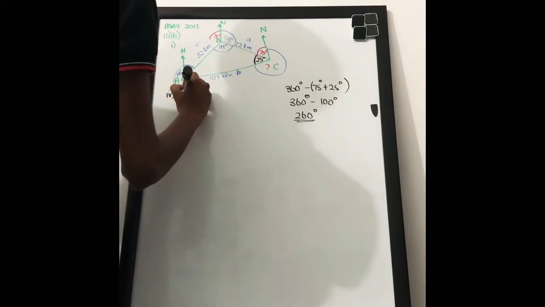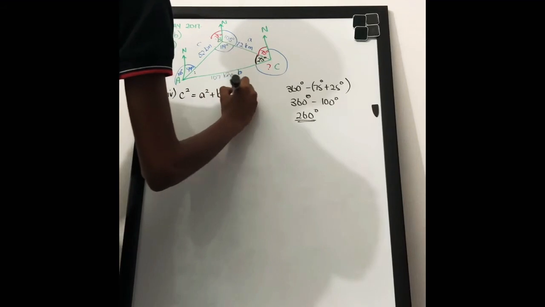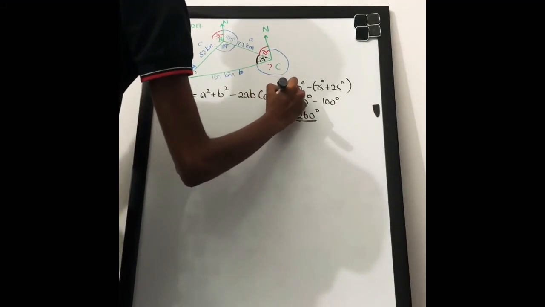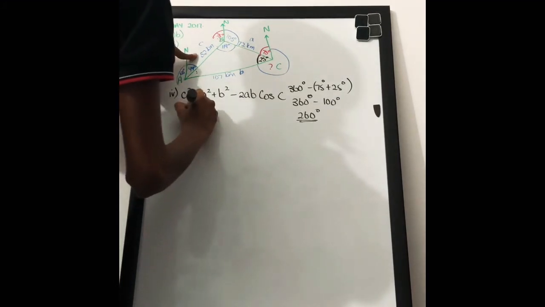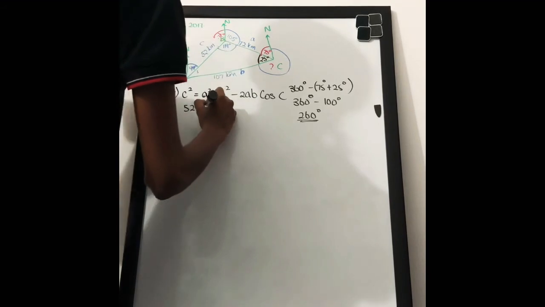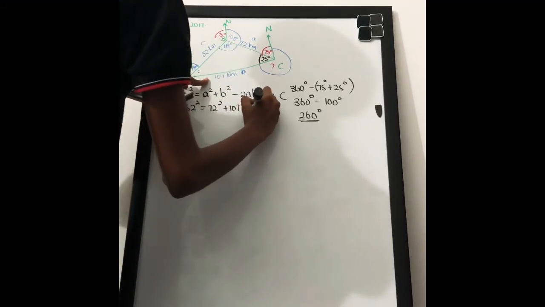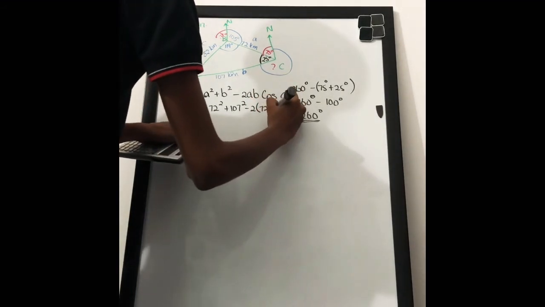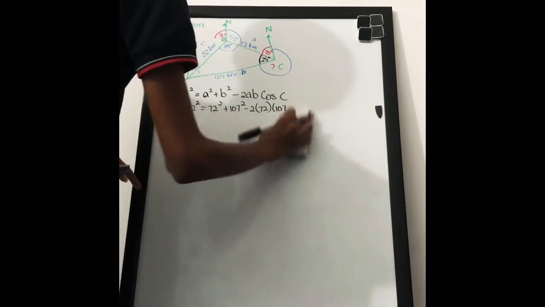We have C squared is equal to A squared plus B squared minus 2 times A times B cos C. So C squared was 52 squared, A is 72, and B is 107 squared minus 2 by 72 by 107.